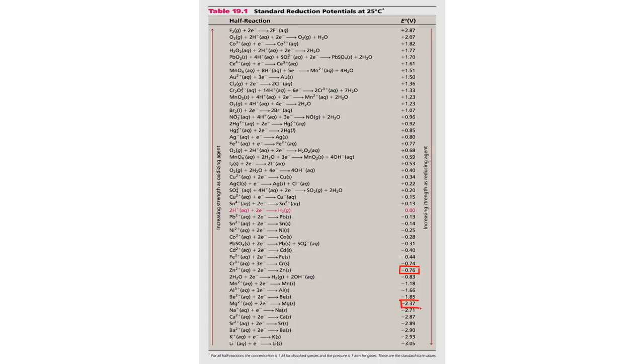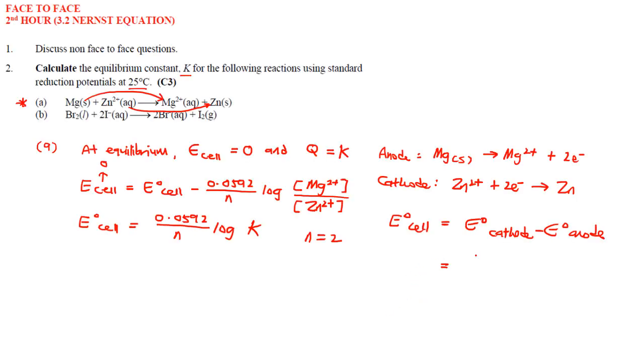So going back here, cathode is negative 0.76 and anode negative 2.37. Your E0 cell value, you should get positive 1.61 volt.